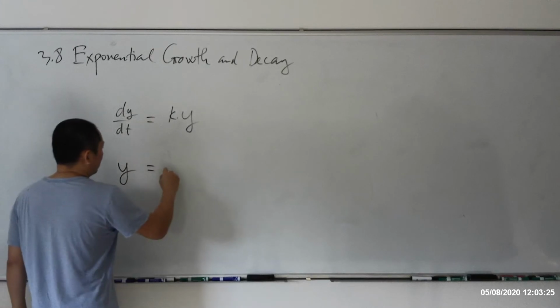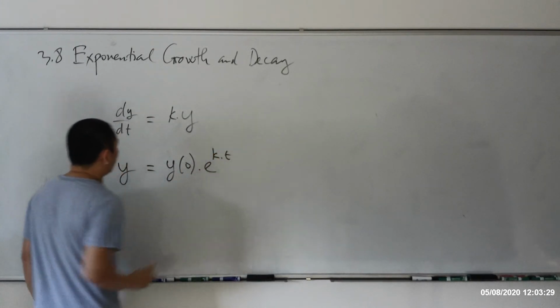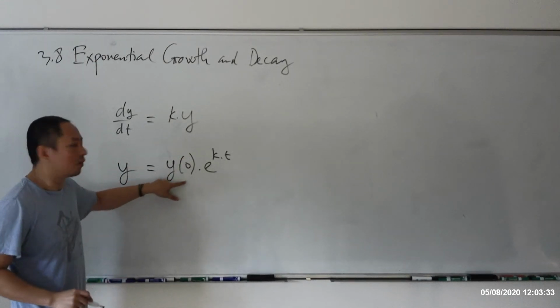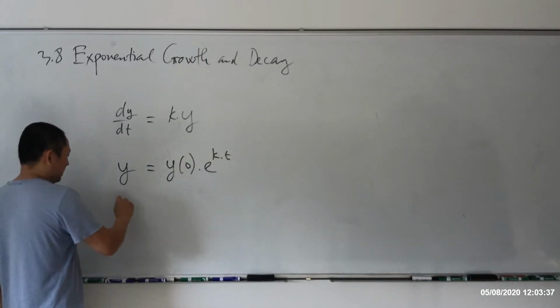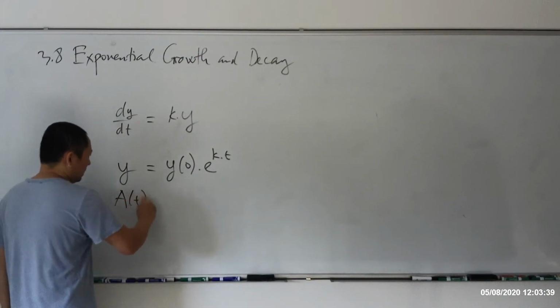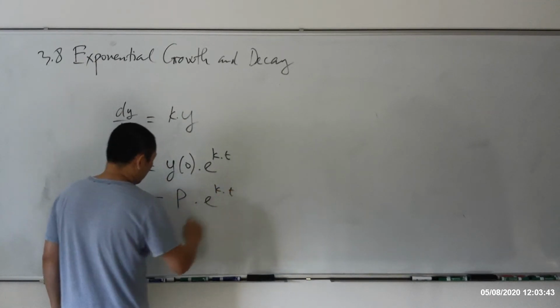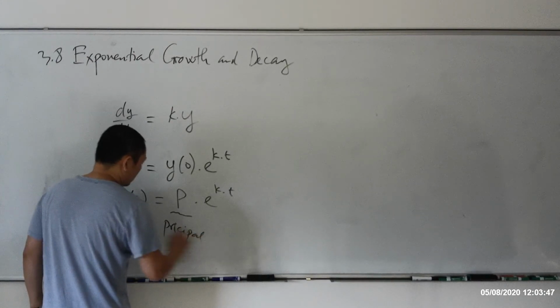Y is equal to y naught times e to the k times t. T is the time. Y naught means the initial value, the original amount that you have. And you may see something like this: A of t is equal to P times e to the kt. This is the principal amount, the original amount.